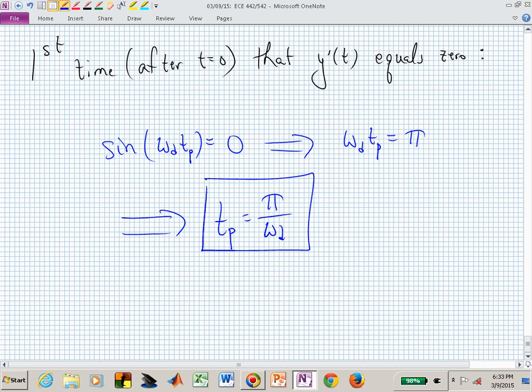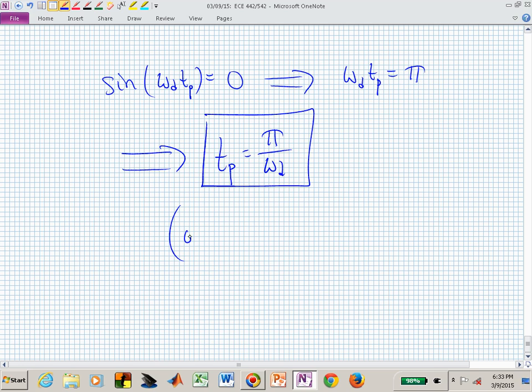So now if you're given your poles, you know what your peak time is. If you're given your peak time, if somebody says, I want a peak time of a certain amount, now you know what omega sub d needs to be, or what the imaginary part of your two closed loop poles needs to be. And again, these are all just rules of thumb based on a pure two-pole system.